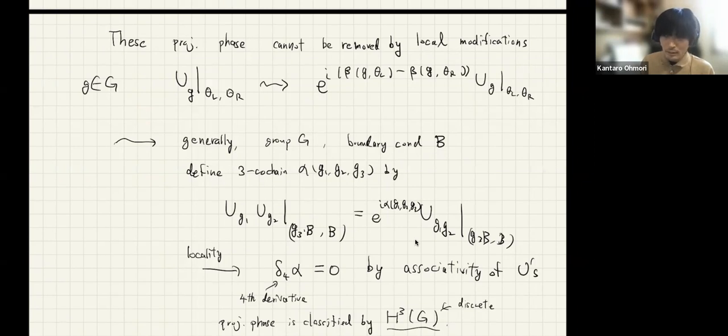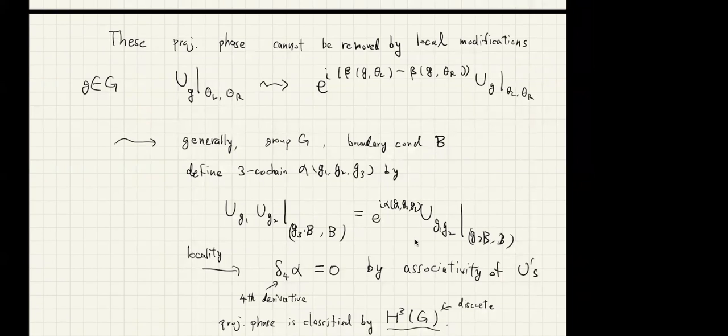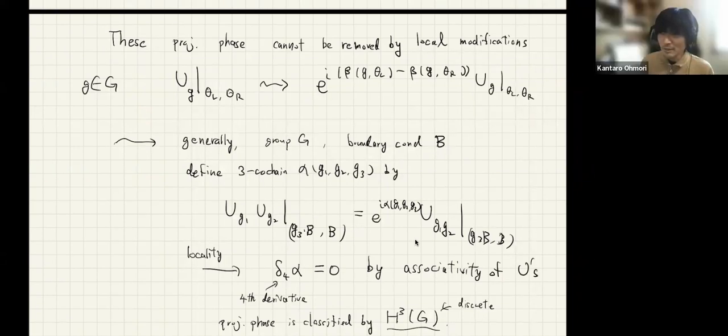But still, the classification of the anomaly is always a kind of generalized cohomology theory. Well, almost always. For that, please refer to Yuji's note. I think that's very clear.